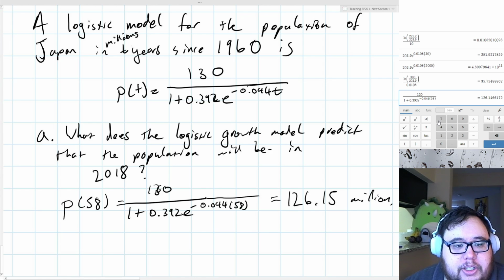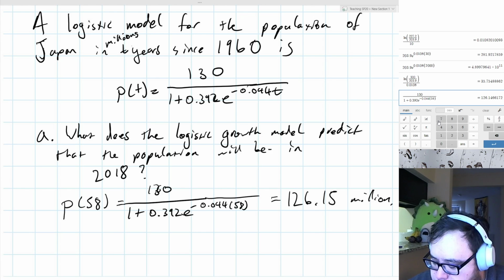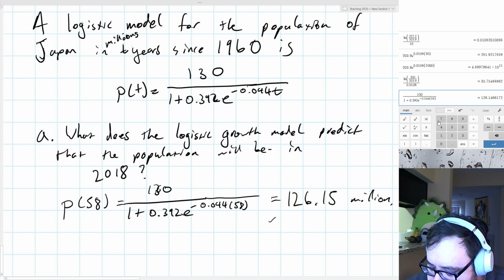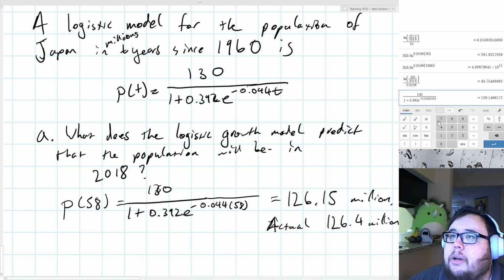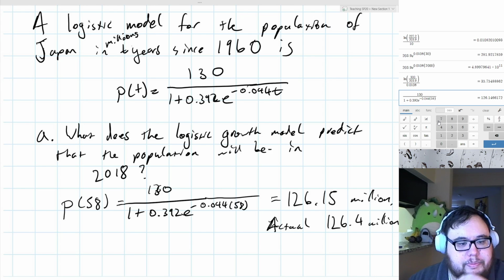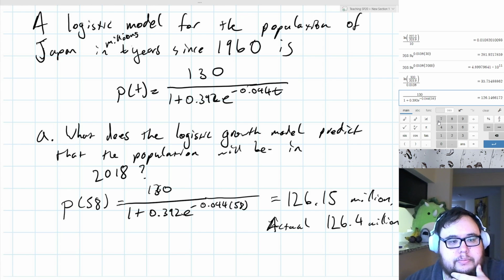The actual population of Japan in 2018 is about 126.4 million. So this model ends up being pretty accurate for that date as well. Okay.